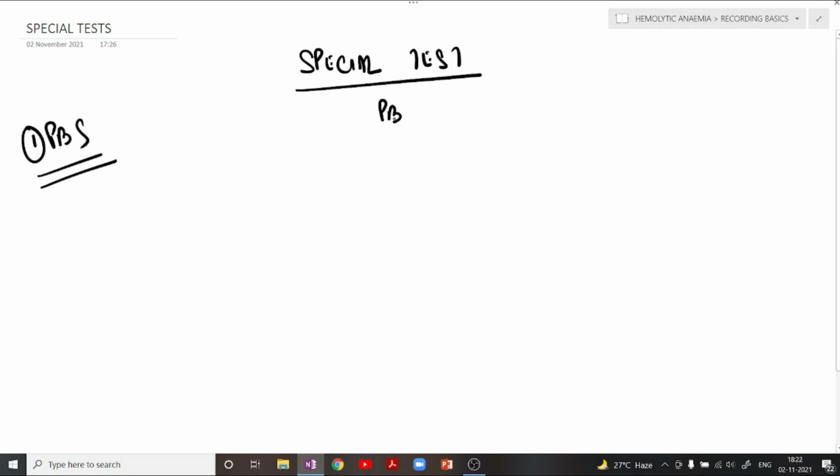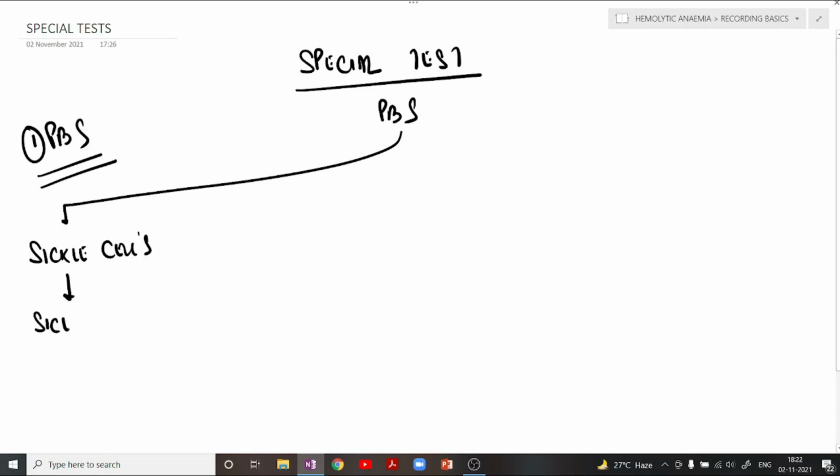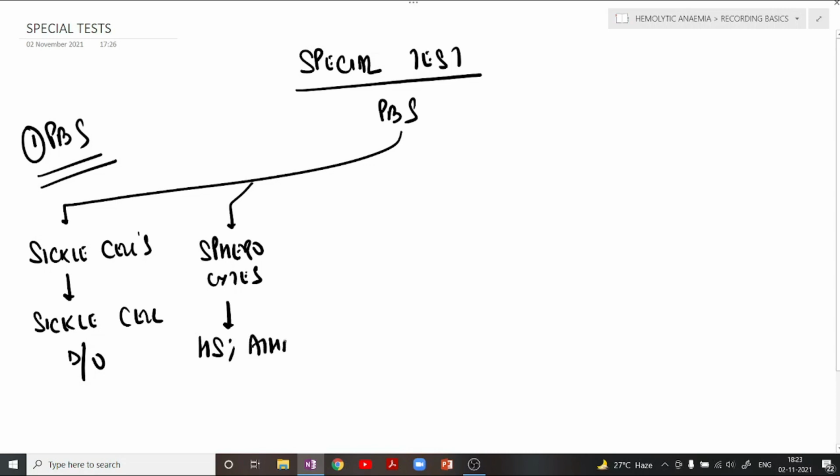In the PBS, if we see the presence of sickle cells, then it is indicative of sickle cell disorder. Or if you see spherocytes, small condensed round RBCs, they are seen in hereditary spherocytosis, autoimmune hemolytic anemia, ABO hemolytic disease of newborn, as well as G6PD deficiency.